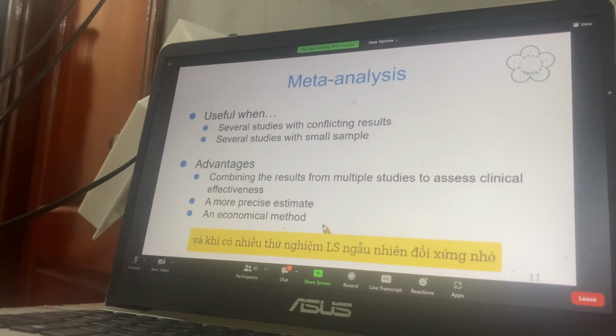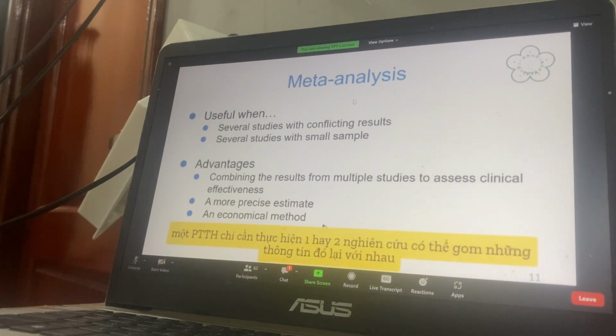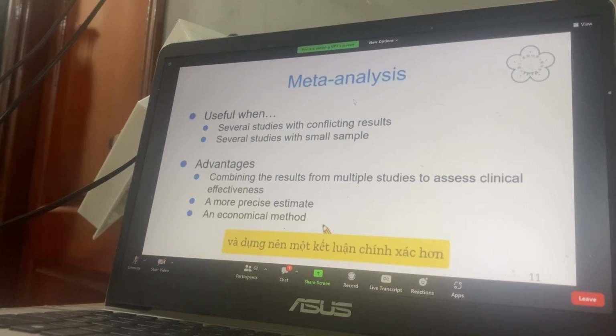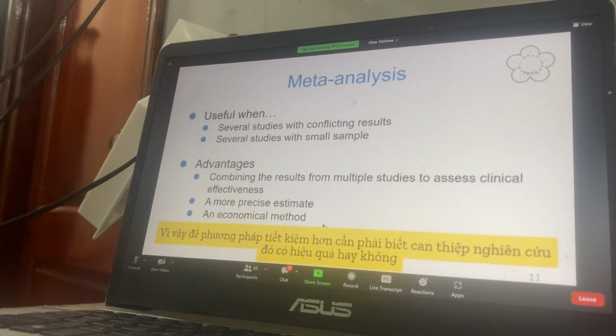When there are multiple small randomized controlled trials, a meta-analysis only needs 1 or 2 researchers to gather that information together and draw a more conclusive conclusion. Thus, it is a more economic method to know whether a certain intervention is effective or not.